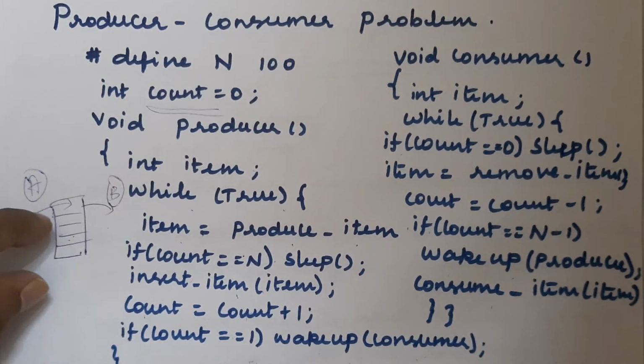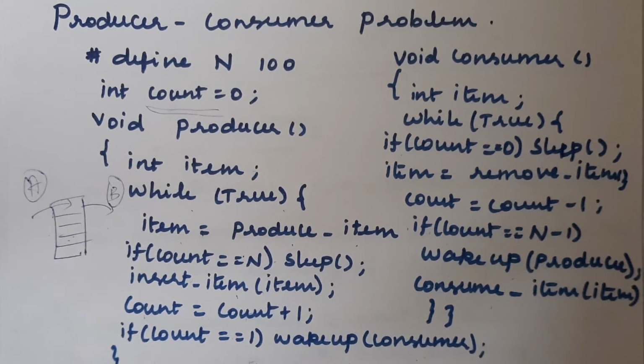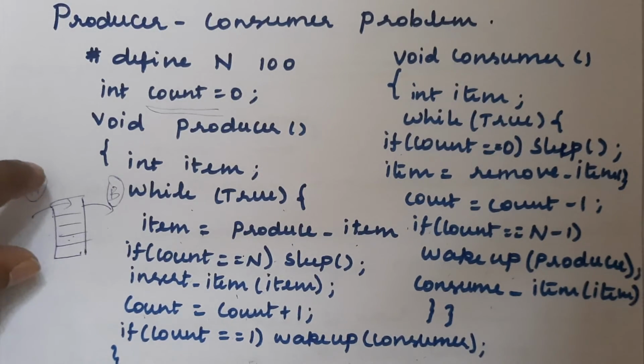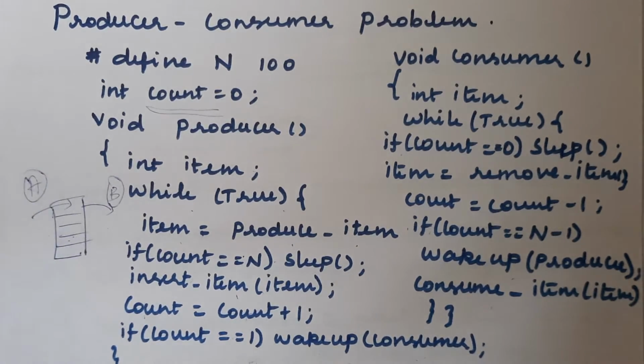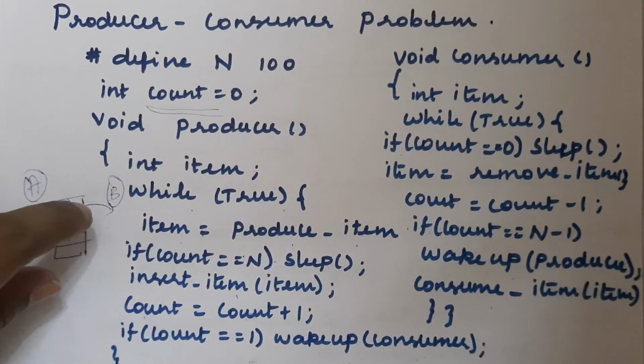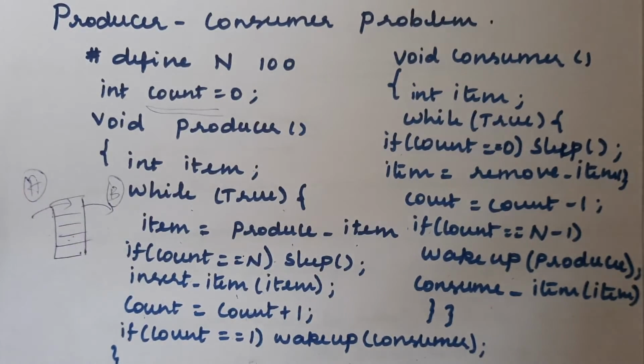Once it reaches the n value, which means the count value is n, the producer will also execute the sleep operation, because there is no empty space available in the buffer, so it cannot produce a new data item to store into the buffer. So at a time both the producer and consumer processes will sleep forever. This is actually a major problem. Both will not be performing their tasks.